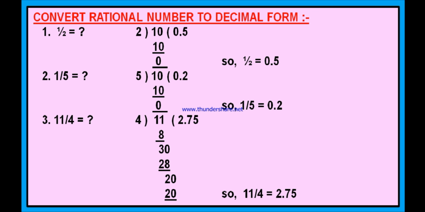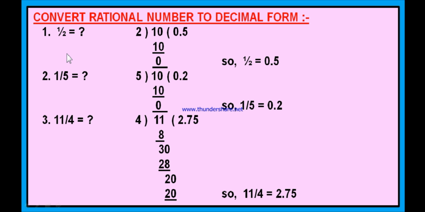Means the denominator should contain only 2 and 5 as factors. If you divide any denominator into its prime factorization, if we get only 2 and 5 as factors, then such rational numbers or such fractions should be terminating decimals.